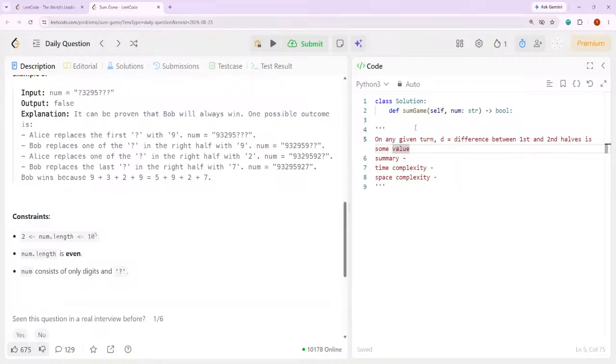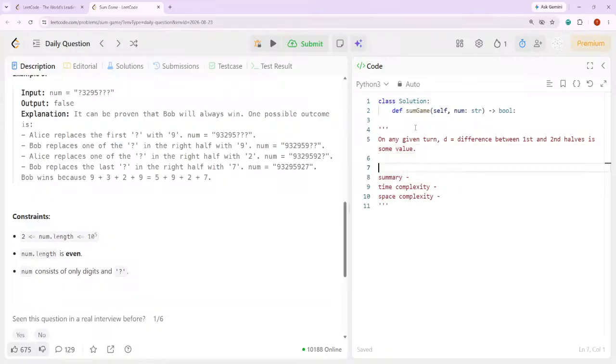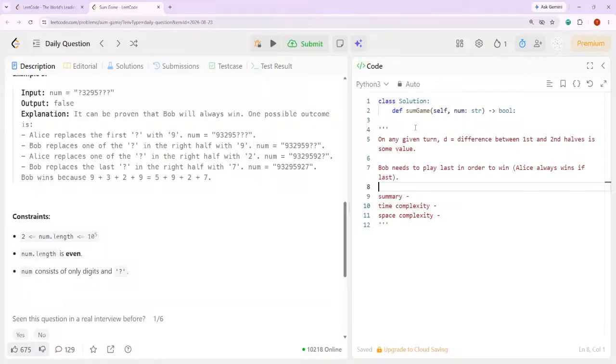Right? Because if Alice has the last move, then Bob can't do anything, and Alice always has some possible move to make it not equal. So Bob needs to play last in order to win. Alice always wins if she's the last player. So I think that means the number of question marks needs to be even, right?